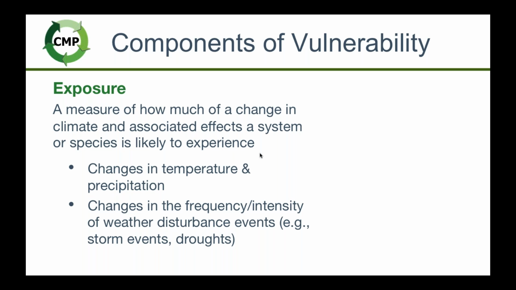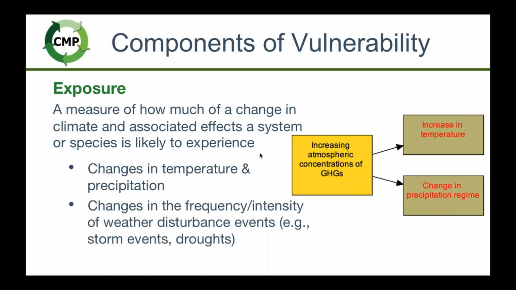So let's go a little bit more into these definitions. Exposure is a measure of how much of a change in climate and associated effects a system or species is likely to experience. It includes things like changes in temperature and precipitation, and changes in the frequency and intensity of weather disturbance events, like extreme storms and droughts.